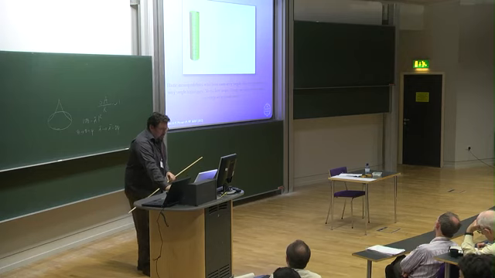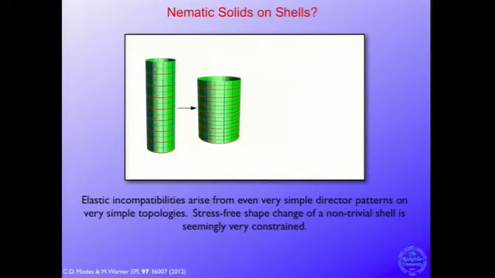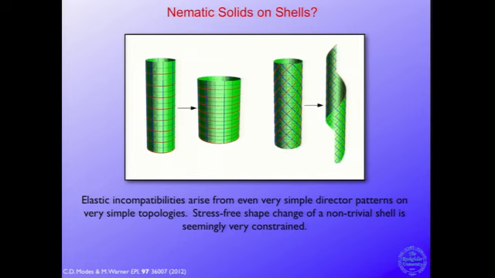So if you put the director onto a nematic solid cylinder, such that the director is along the axis, nothing funny happens, that just flexes. But if you try to tilt it at all, you get out of register once you move completely around. The length change, because of the periodic boundary condition, once you've moved around the cylinder, you find that the shear directions have completely displaced you relative to where you needed to be hooked up.